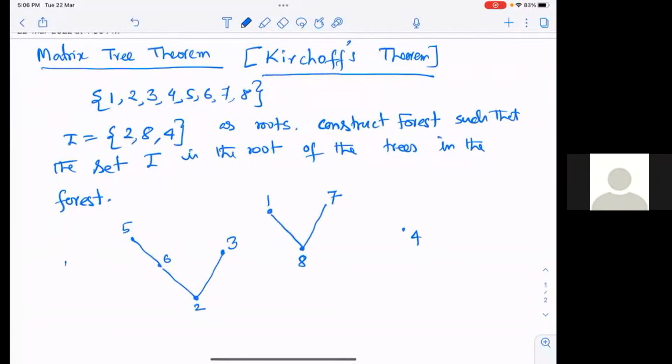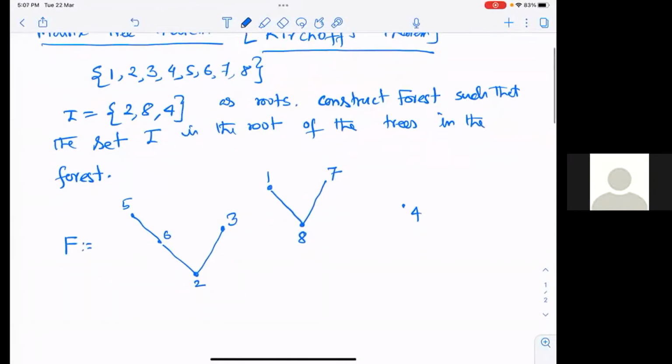So this is a forest. And see, the roots are 2, 8, and 4. We'll follow a specific direction, since 2 is the rooted tree at 2, or 8 is the rooted tree at root 8. We'll orient these edges from the leaf towards the root.